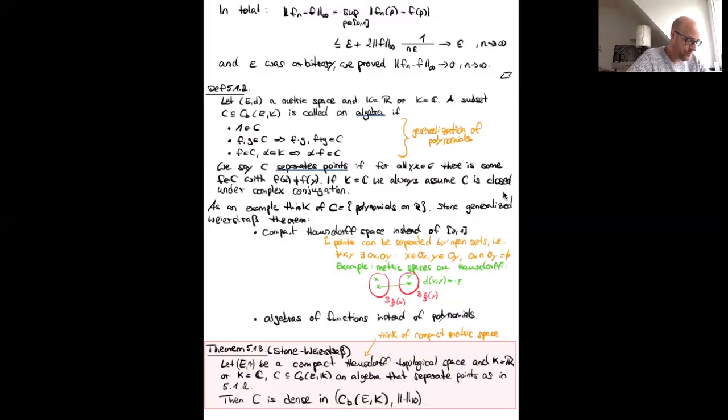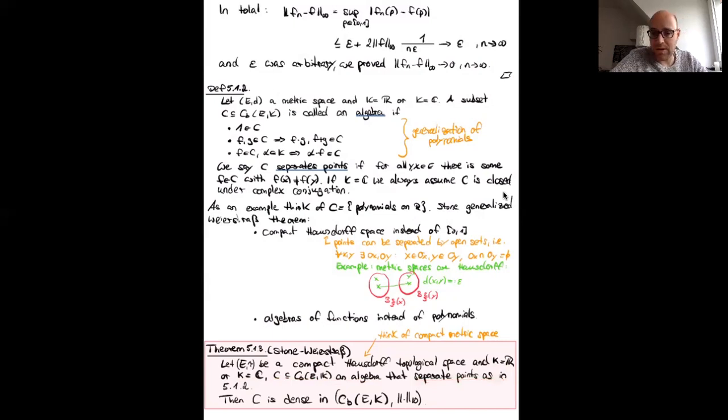So here's a statement. Let E be a Hausdorff space. It must be compact. And K is either R or C. If we have C, then we want closedness under complex conjugation. Now let C be an algebra of functions that separates points as in the definition.